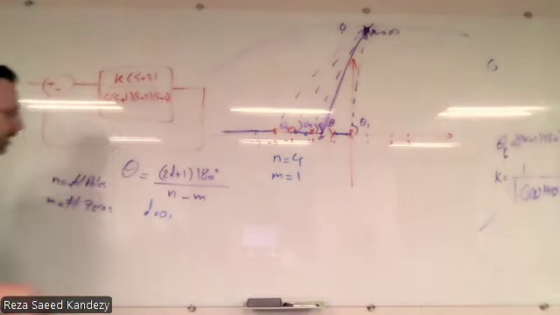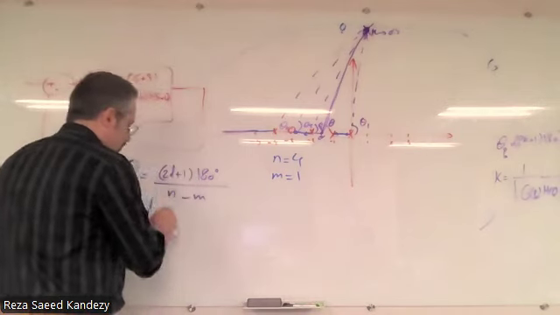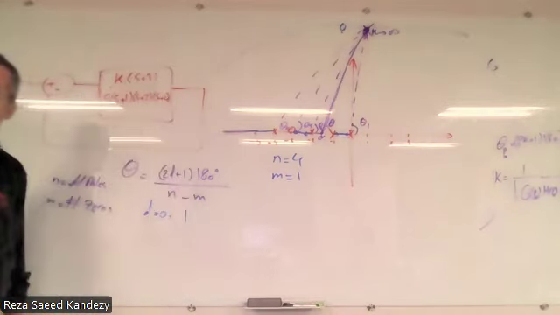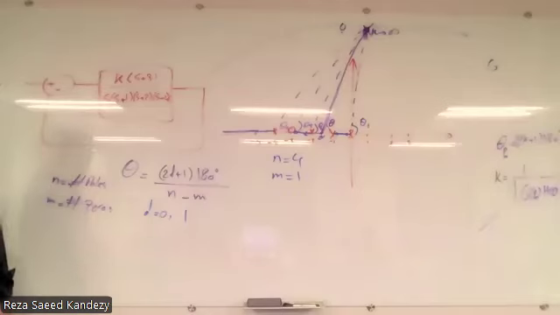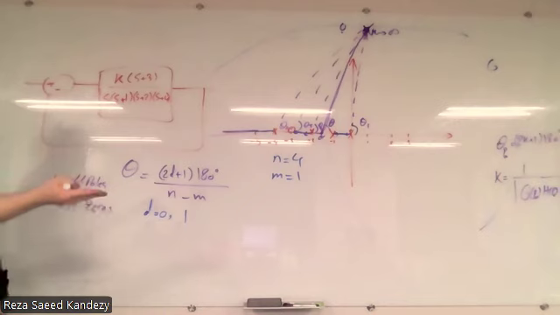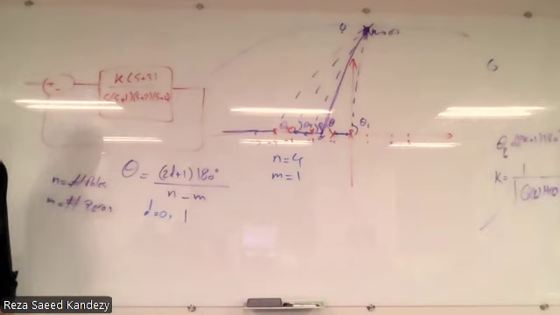Okay, then we can have D equal to 1, right? But this is a symmetric situation. So if we have a positive 1, we should have a negative 1 too. Make sense? Is that clear? I want you to fully understand that.